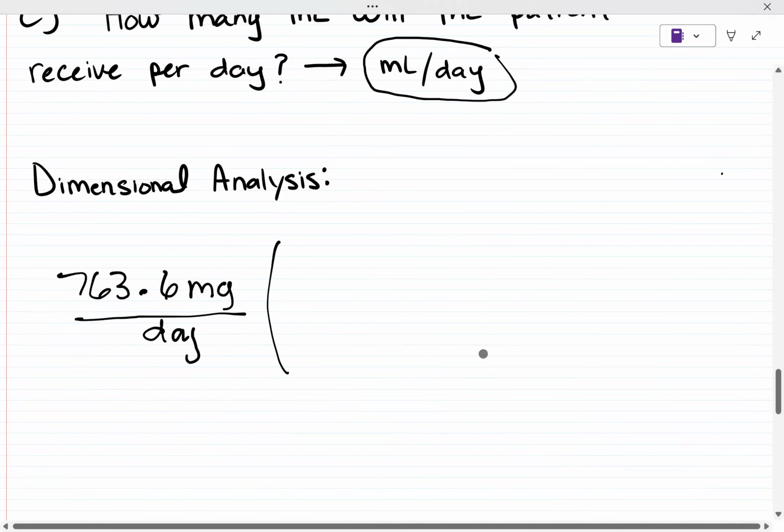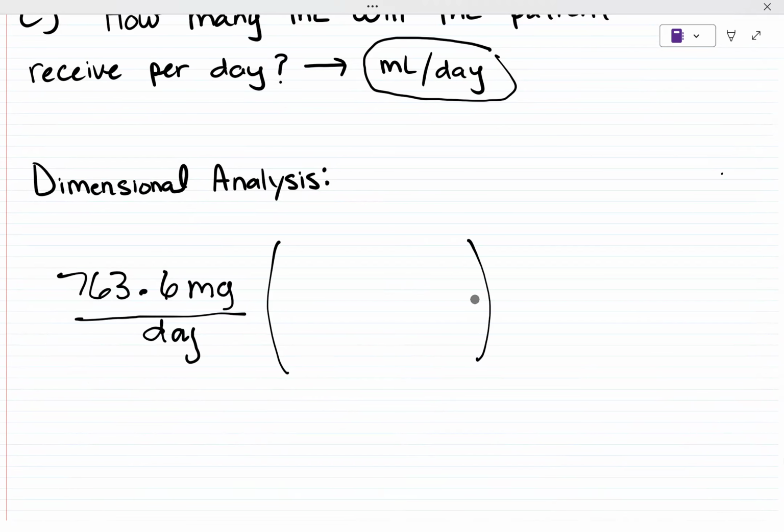So you kind of have to use another piece of information from the problem. They said in the problem that amoxicillin on hand is supplied by 125 mg per 5 milliliters. That was part of the question, right? I'm going to use this to get rid of the mg.